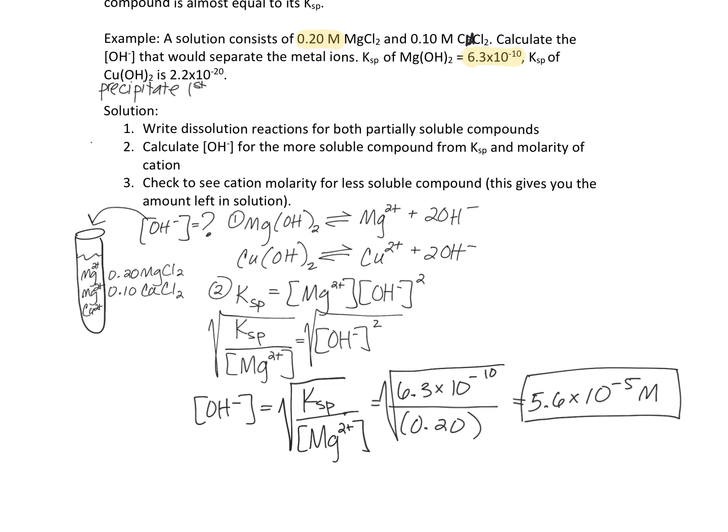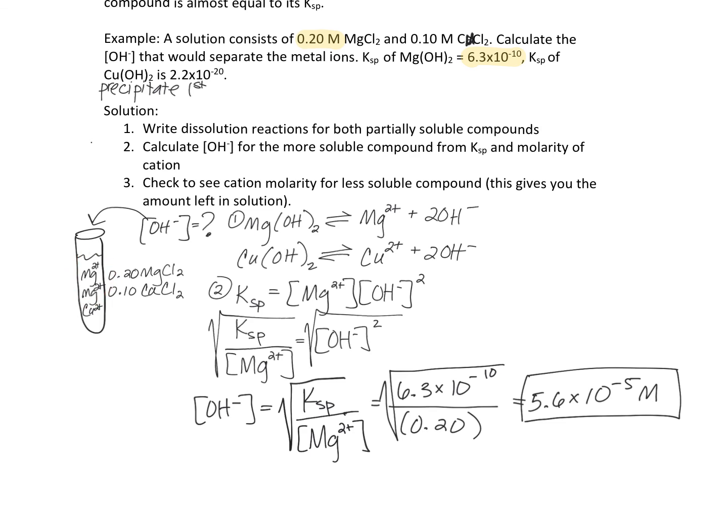Let me explain this before we get into number 3, because this often throws people off. People will say, well, copper hydroxide is the one to precipitate first, so why are we using the Ksp of magnesium hydroxide? The reason is that you want to add the maximum amount of hydroxide you can before precipitating only one of the metals. So I'm going to add as much as possible to precipitate, in this case, the copper, without precipitating the magnesium.